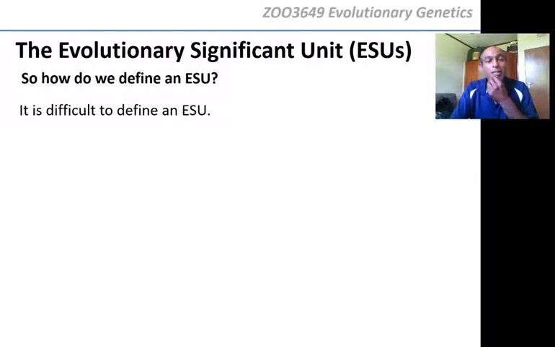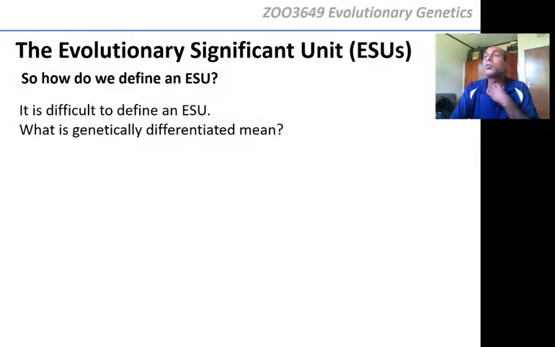It's actually quite difficult to define, because when we say two populations are genetically differentiated, what do we mean by that? How much differentiation?